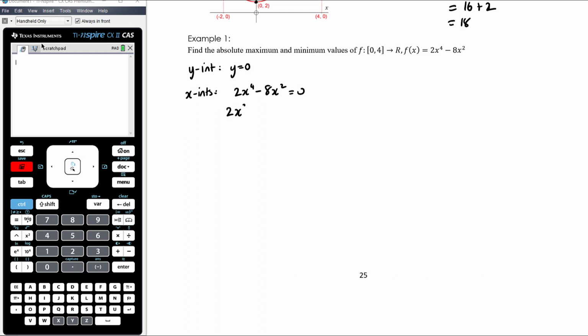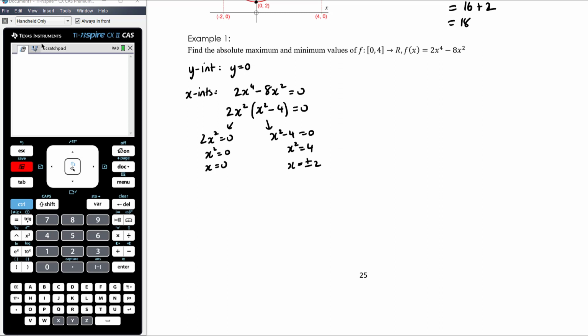Nice common factor of 2x squared leaves me with x squared minus 4. And so we would get 2x squared equals 0, which means x squared equals 0, which means x equals 0. You could just go straight to x equals 0, or x squared minus 4 equals 0.